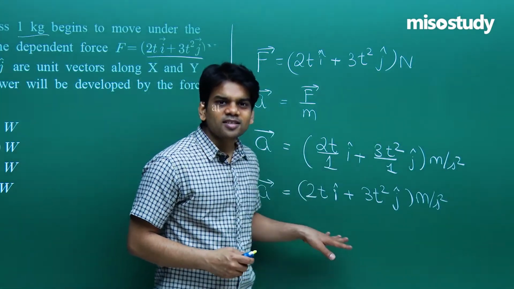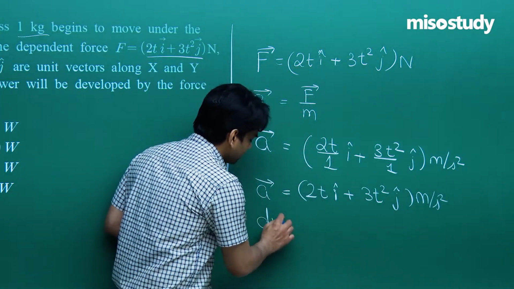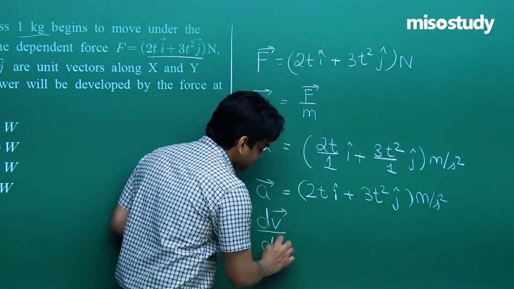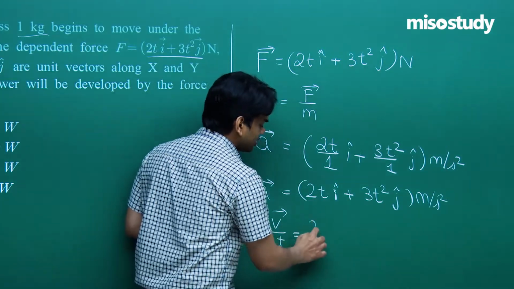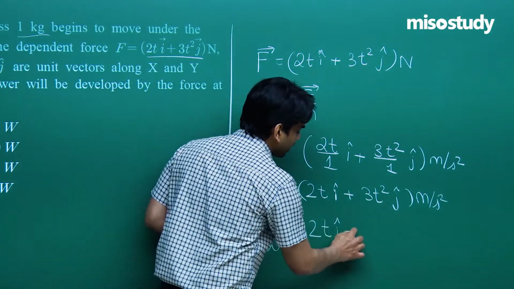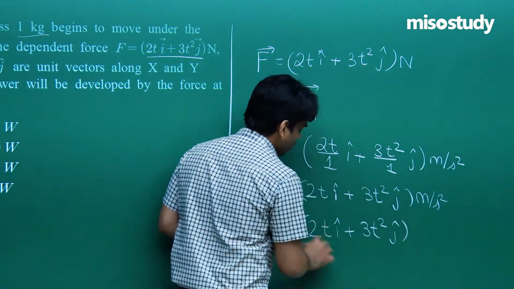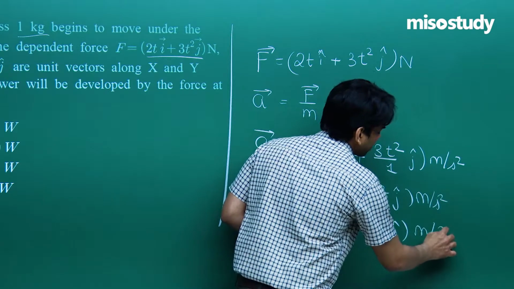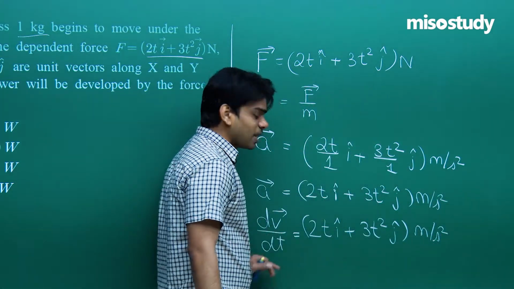We all know that acceleration is rate of change of velocity. So can we write acceleration as dv by dt? Now dv by dt is 2t i cap plus 3t square j cap with proper units meter per square second. So dv can be written as this function multiplied with dt.